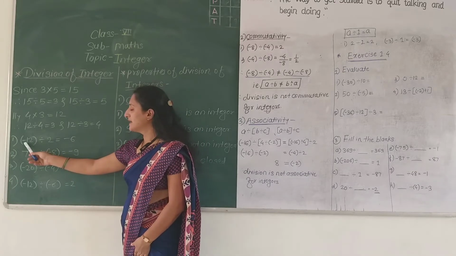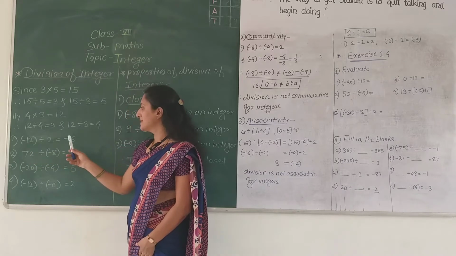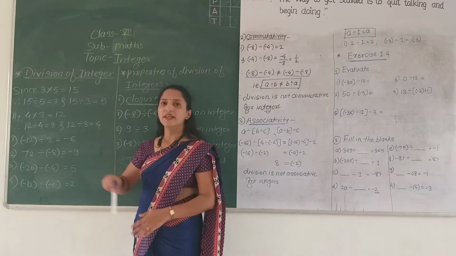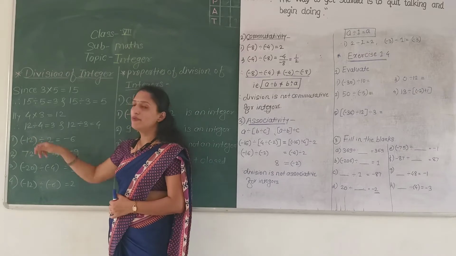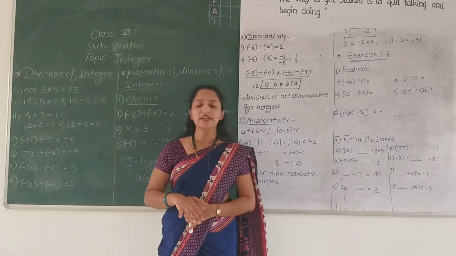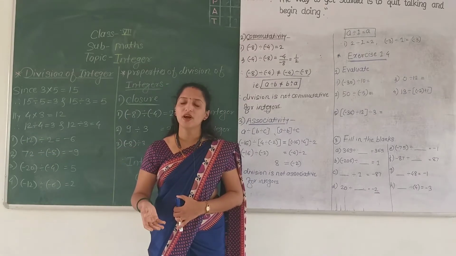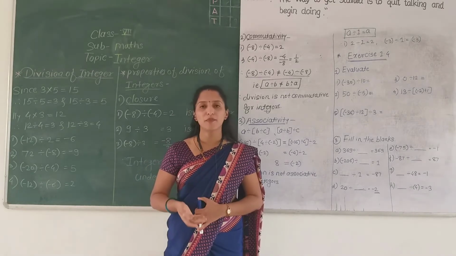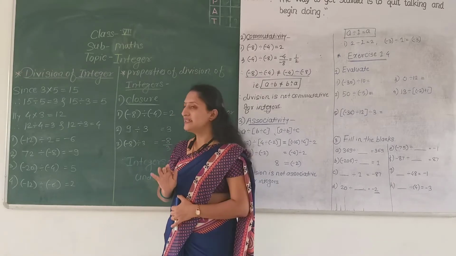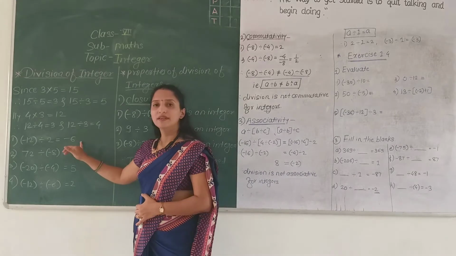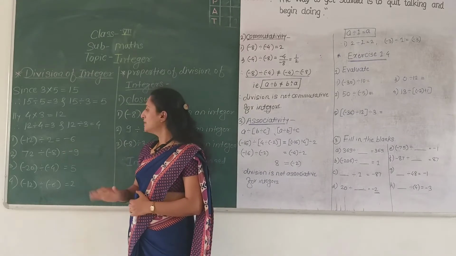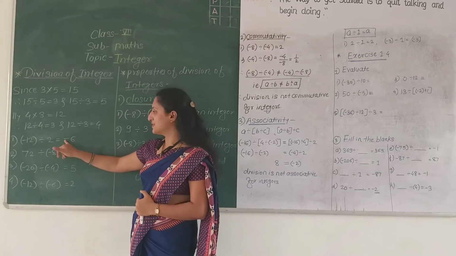But here there is a negative integer, so the answer is negative. That means whenever we divide a positive integer by a negative integer or a negative integer by a positive integer, divide them as whole numbers and put the negative sign before the quotient.